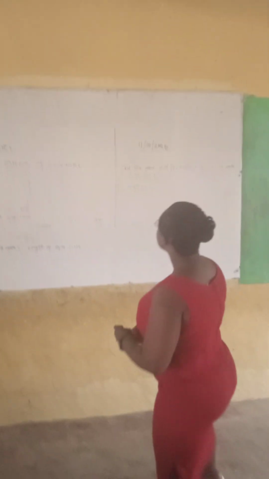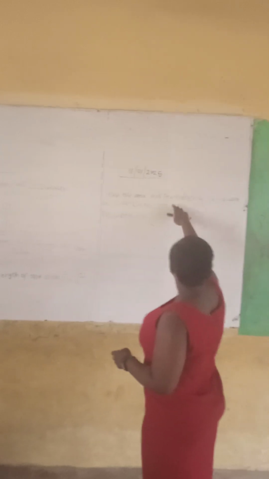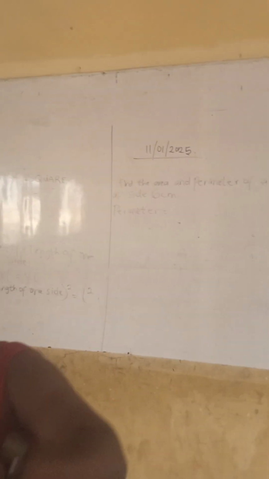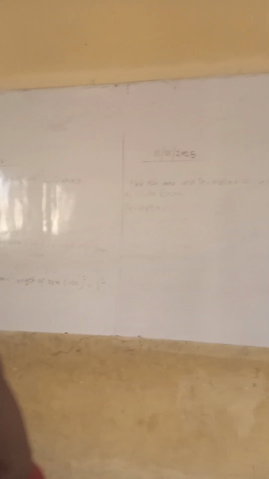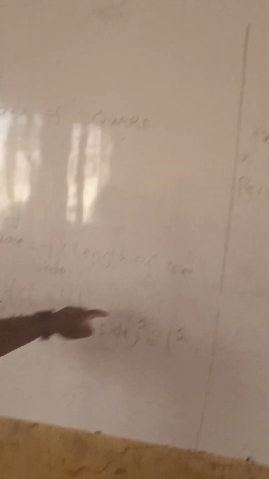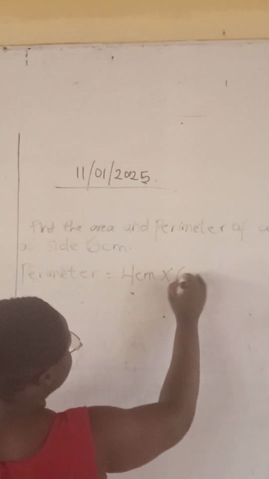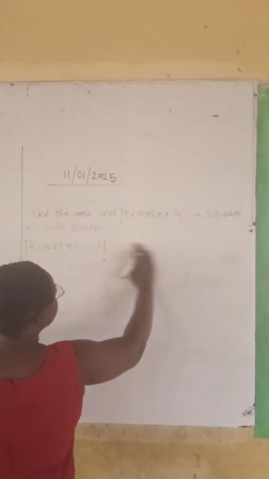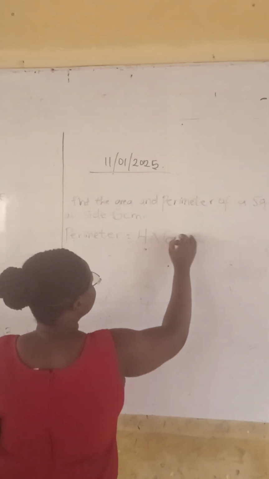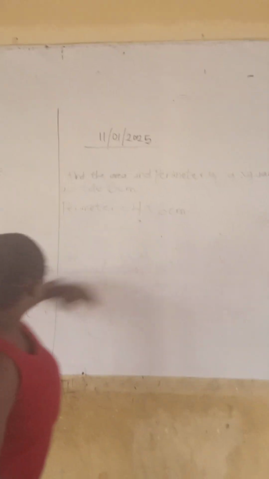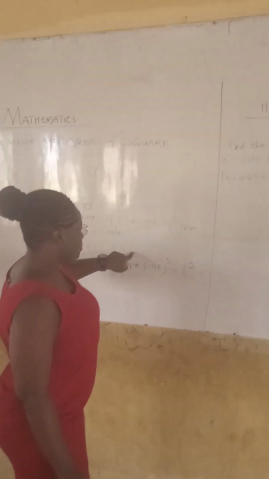In the question it says we should find the area and perimeter of the square of side 6 centimeters. With the perimeter, it is 4 times L, so 4 times 6 centimeters. The 6 here is the L, which is the length.